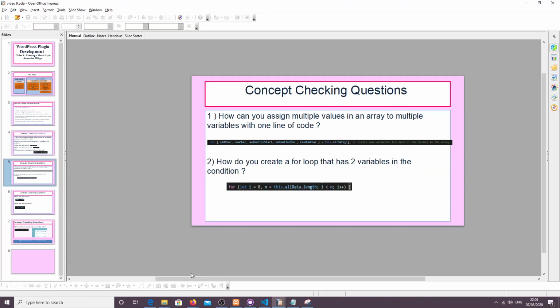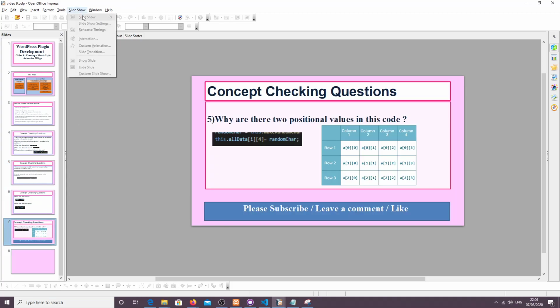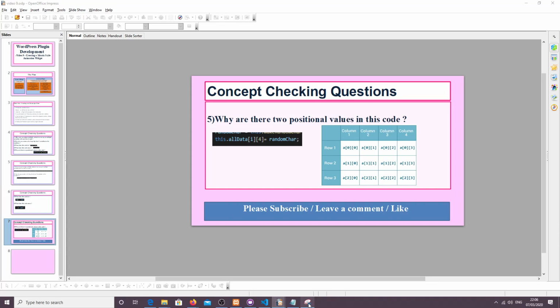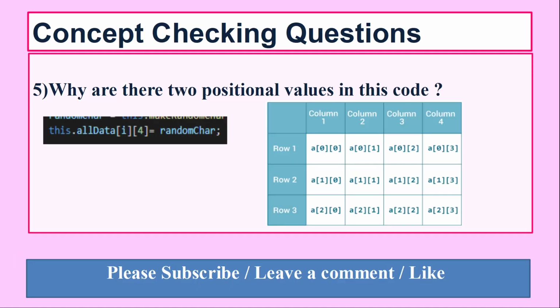Okay, so if we go back, here it is, the last one. Why are there 2 positional values in this code? If we think of it like a table, the first value is the row and the second value is the column.